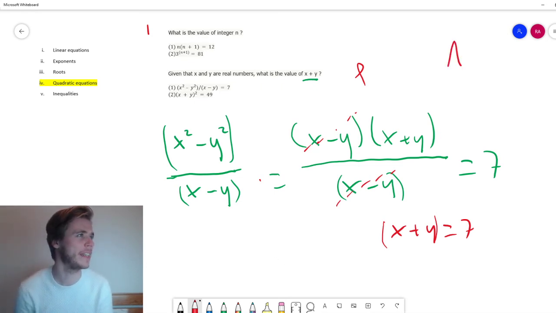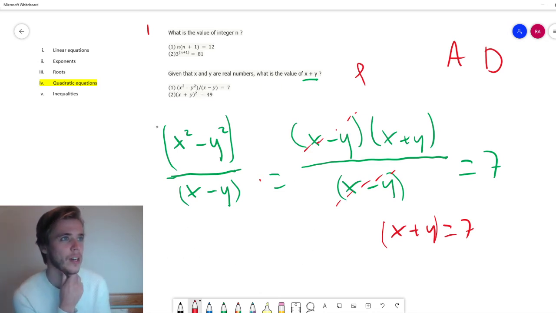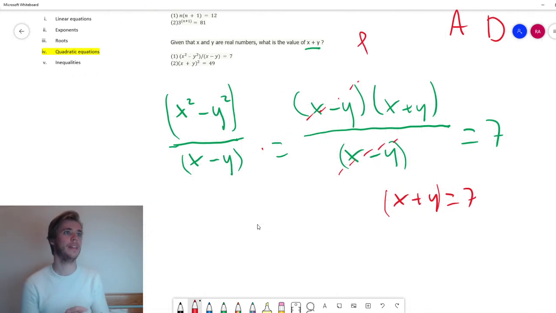So now we're going to check, is it A or is it D? Let's check the second statement. (x plus y) squared is 49. Okay, what is that? So again, we get a common quadratic equation. Hopefully you know it, but let's pretend you do not.